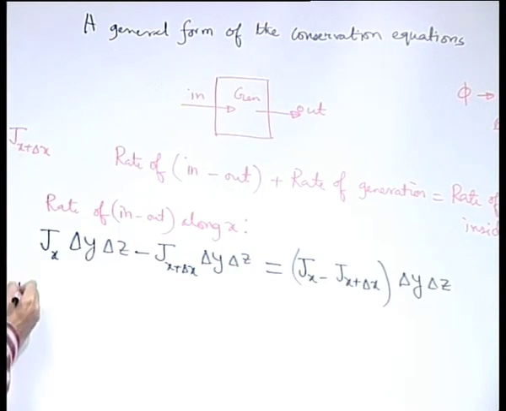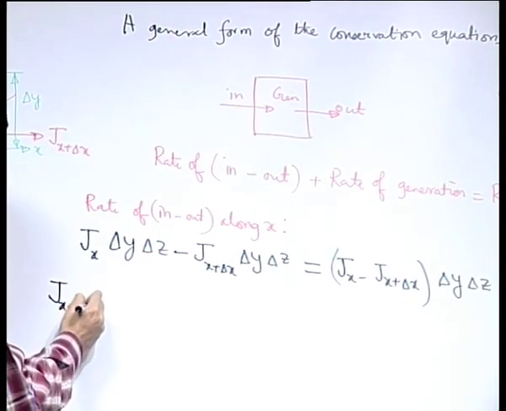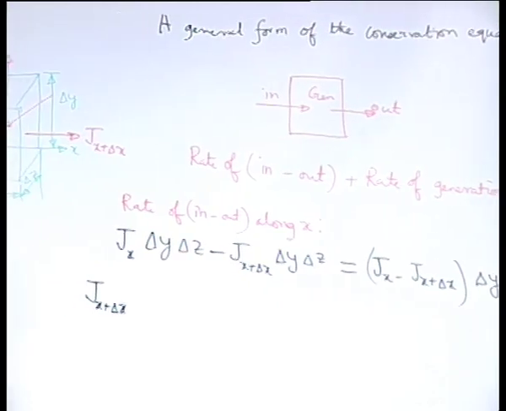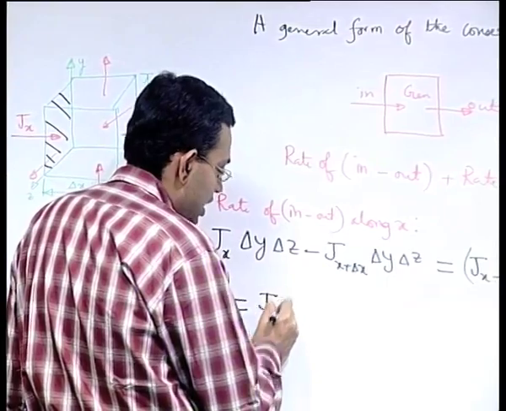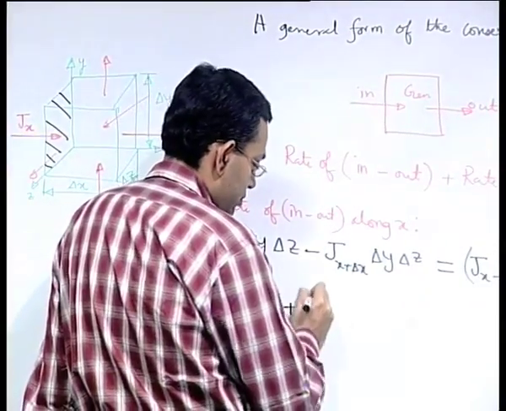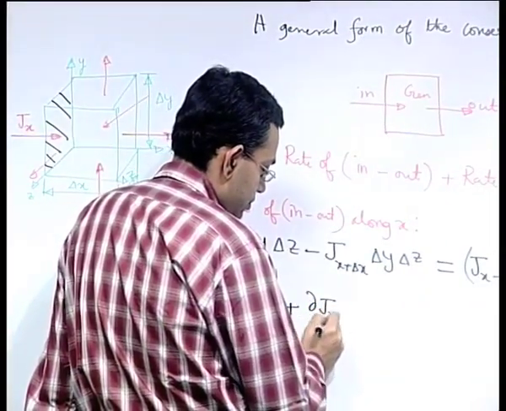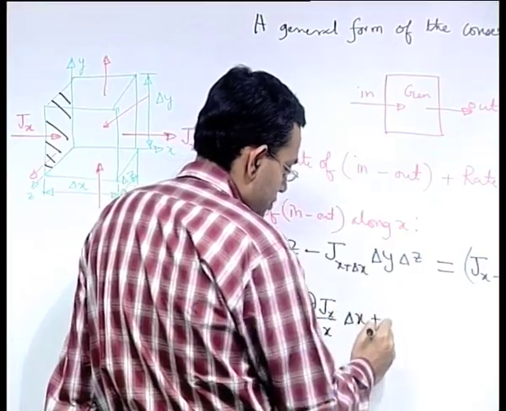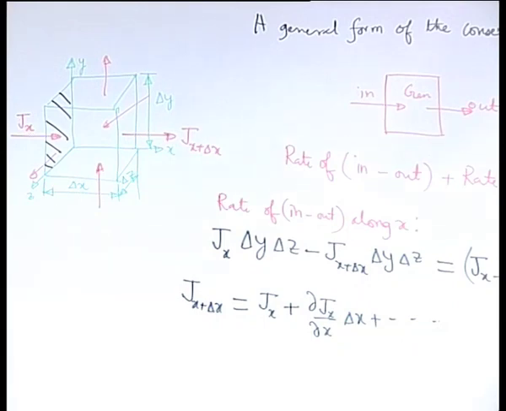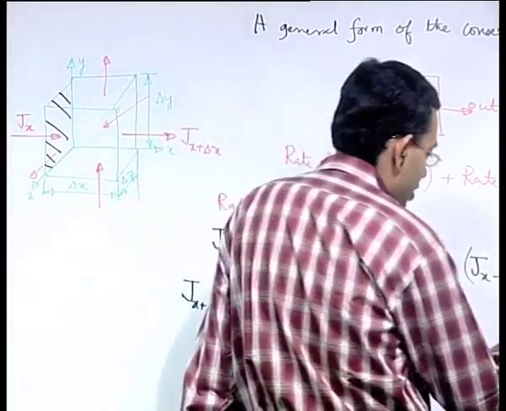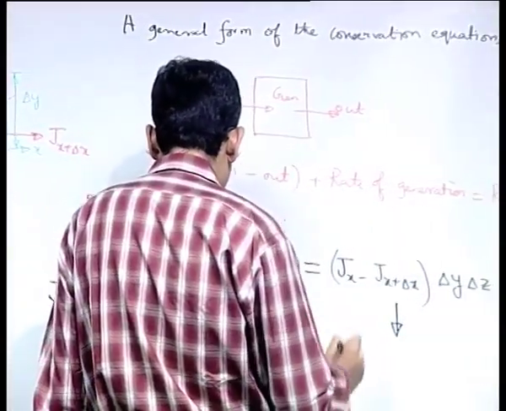Now you can express J at x plus delta x in terms of Jx by using a Taylor series expansion. So you can write J at x plus delta x as Jx plus the derivative term. We are not writing the higher order terms because we will eventually take the limit as delta x tends to 0, when those terms will be vanishingly small.